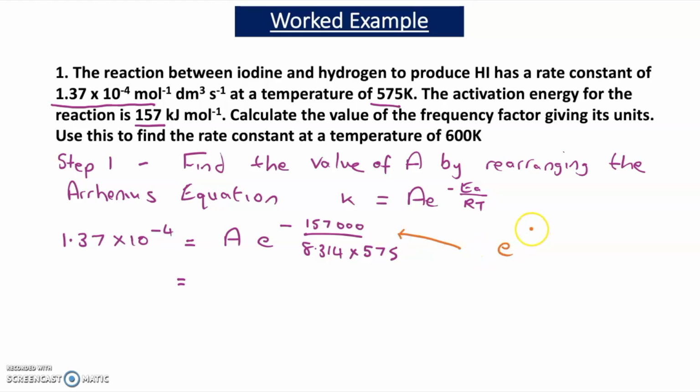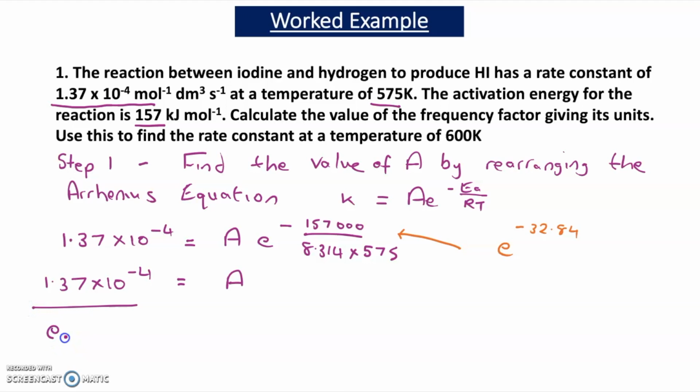Now to simplify this sum and avoid calculator errors, I'm going to work out what 157,000 over 8.314 times 575 is, and it comes out to be 32.84. Now remember, it's e to the minus this, so it's e to the minus 32.84. So I'm going to rewrite my equation.